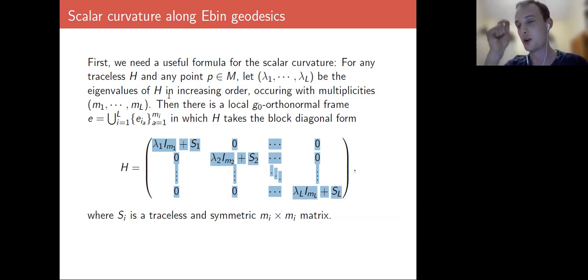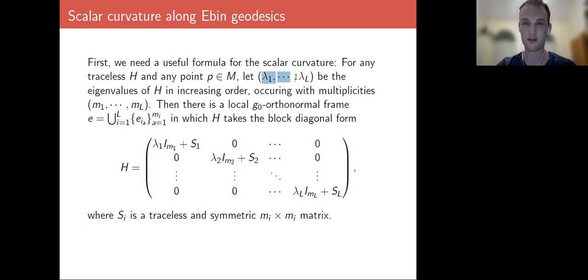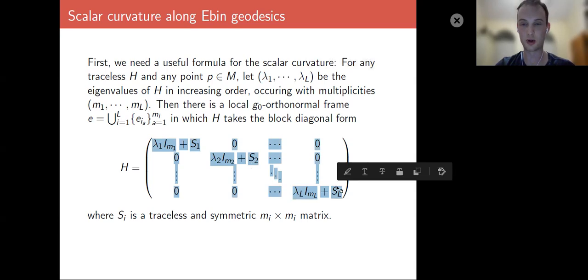So at the moment, I'm not trying to find an orthonormal basis for the metric. I'm just trying to find a convenient initial basis for H, and then I'll use that to eventually construct a local orthonormal frame. So our starting point is any H. If the eigenvalues have silly multiplicities, then the best we can hope for is this block diagonal form.